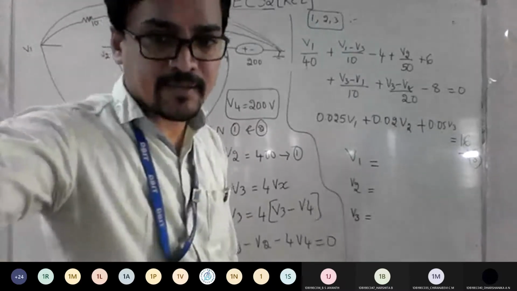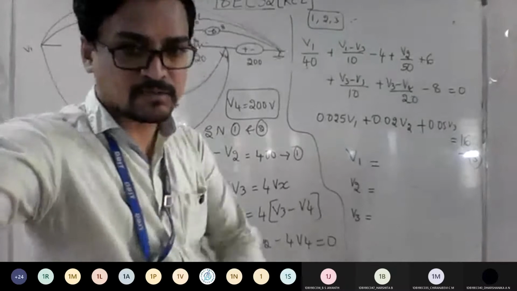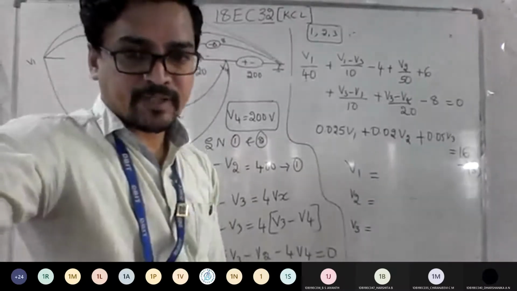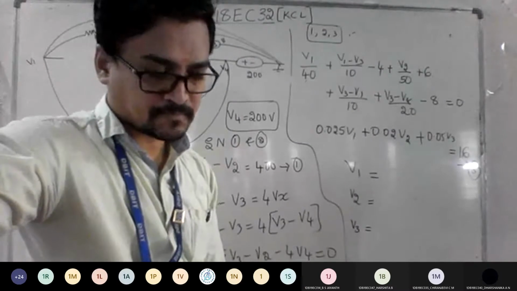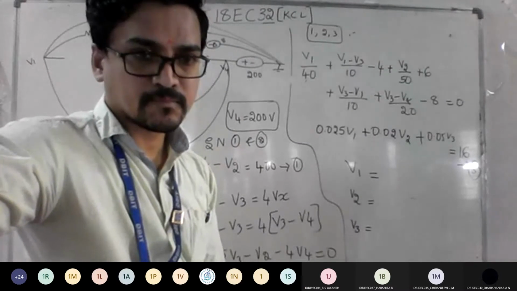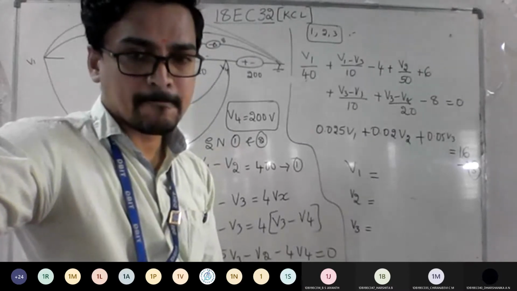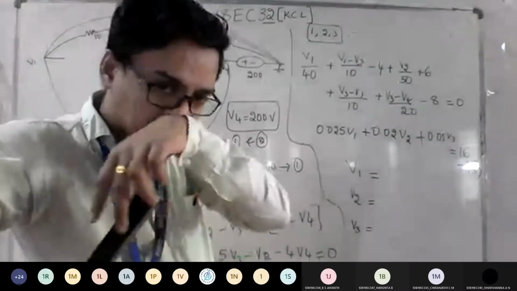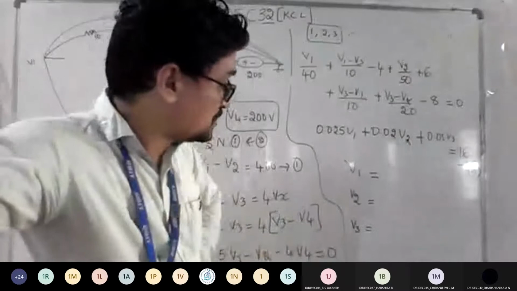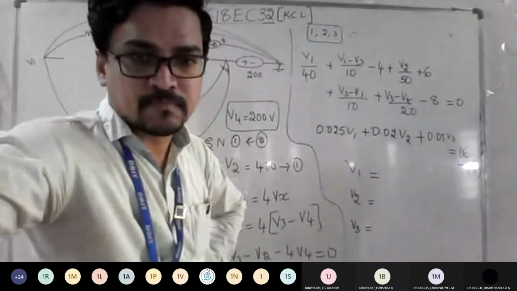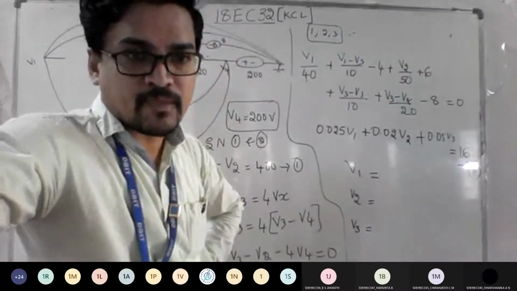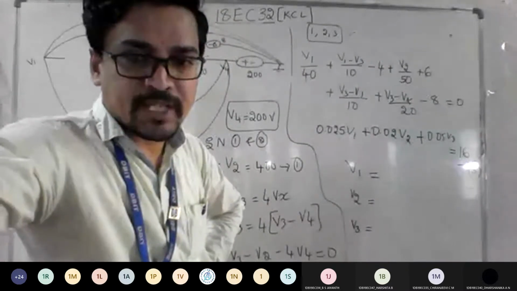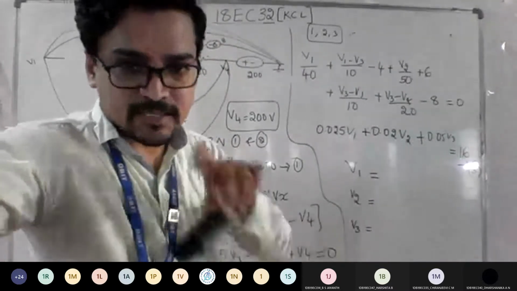Solve in the calculator, three unknowns, three equations. Anyone got the answer? Substitute all the three equations in the calculator and tell me what's the answer.